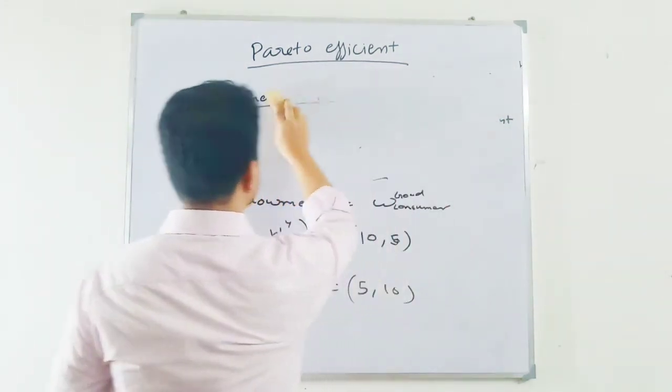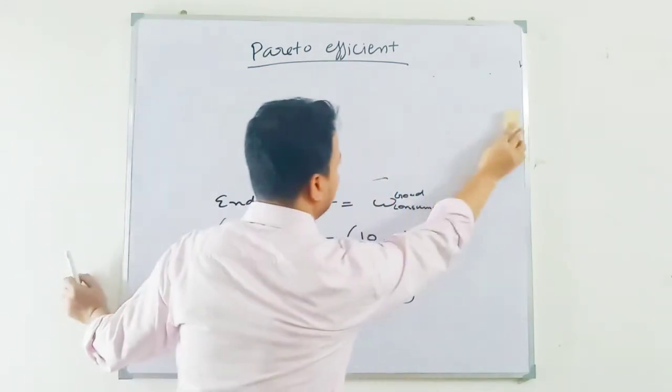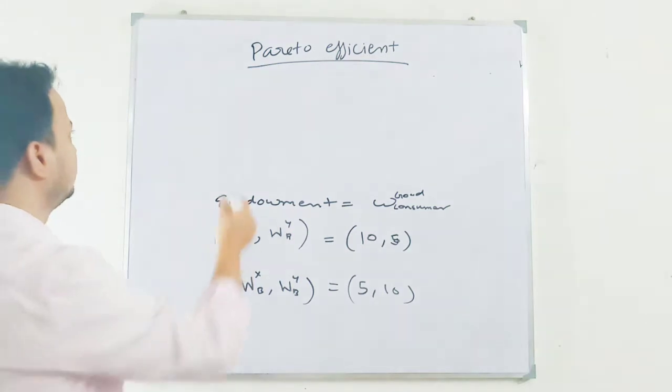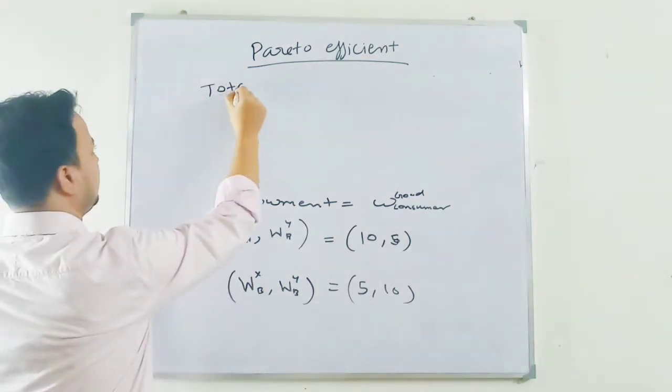So in this exchange economy, what will be my total supply of good X? How can I take out the total supply?